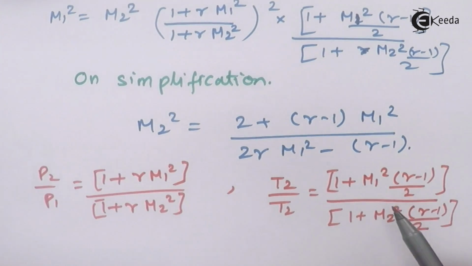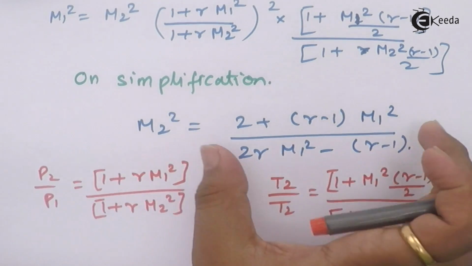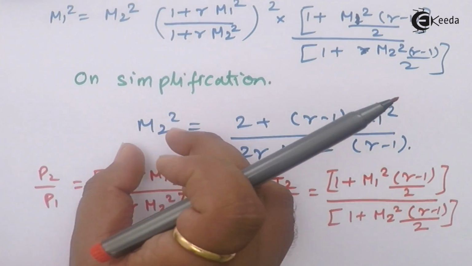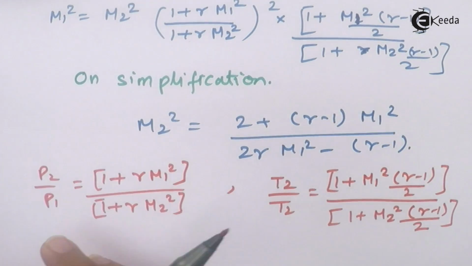So now over here we have Mach number M1 as well as M2, so we can substitute the value of M2 square in this equation and M2 square in this equation. On simplification of this we'll get a property, that is P2 by P1 or T2 by T1, in terms of a single Mach number M1.